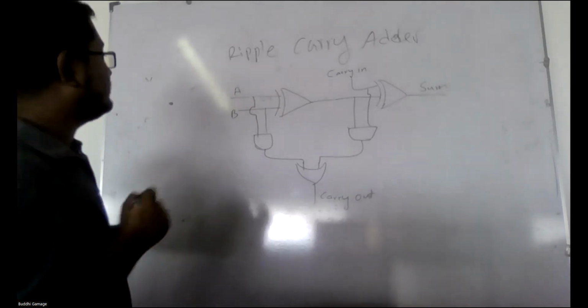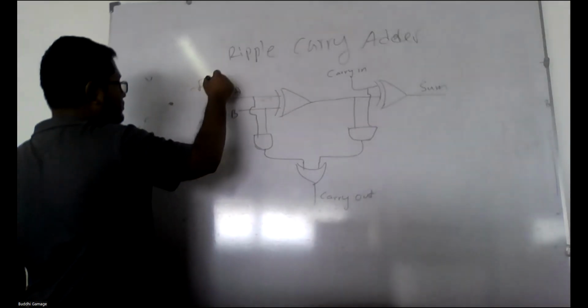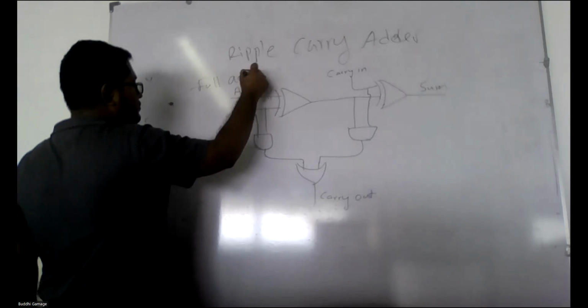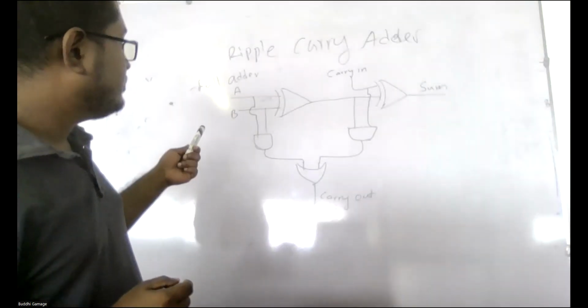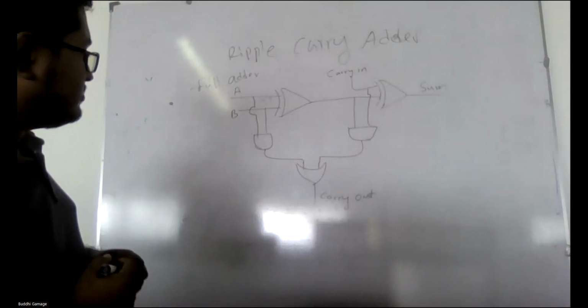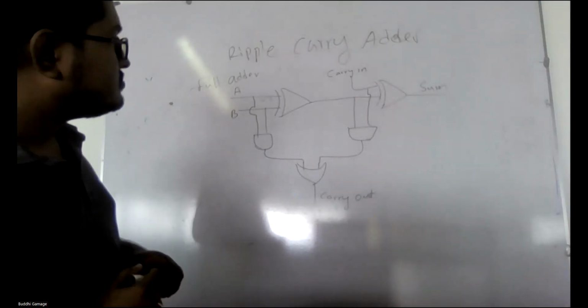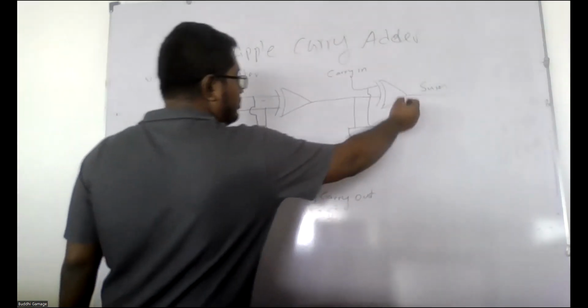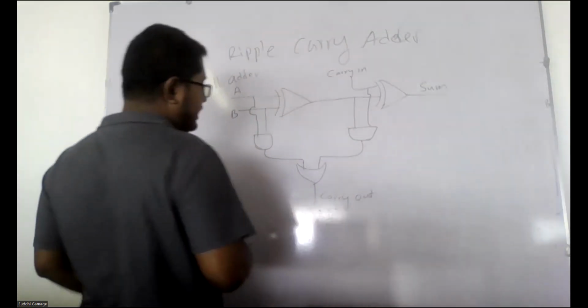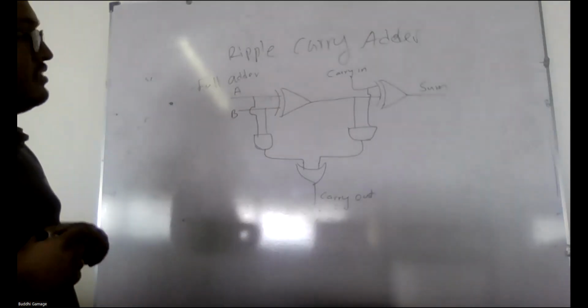So this is the full adder, right? So we have drawn this as well last week. So there are three inputs, A, B, and carry in, and two outputs, sum and carry out, right?